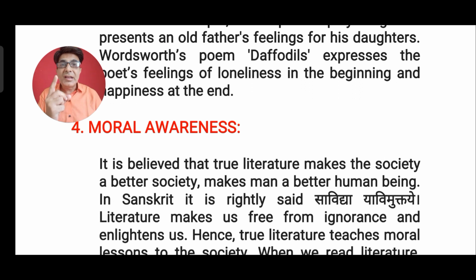Number 4 is moral awareness. Why do we at all write literature, and why do we read literature? Remember, in Sanskrit it is rightly said, sa vidya ya vimuktaye, means this is the knowledge which makes you free from ignorance.